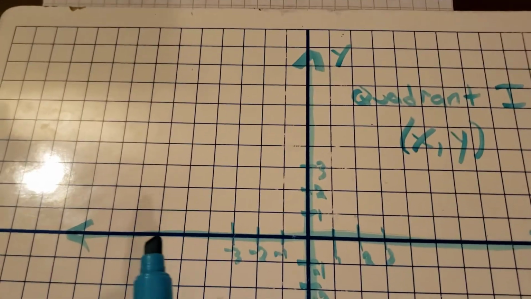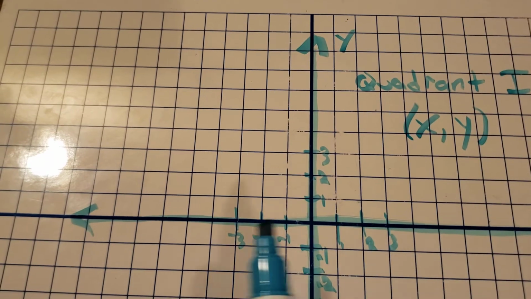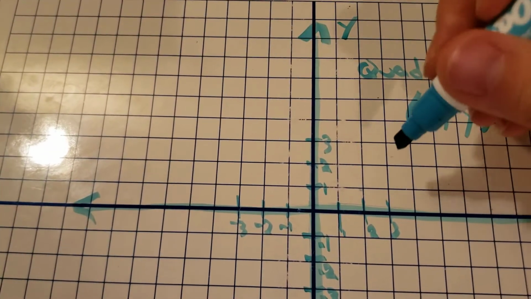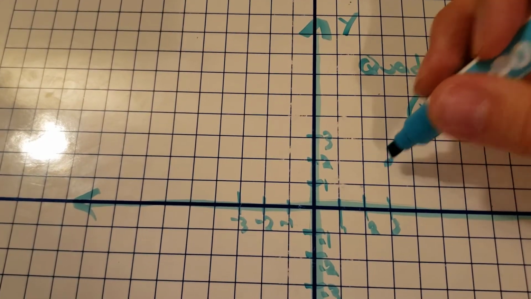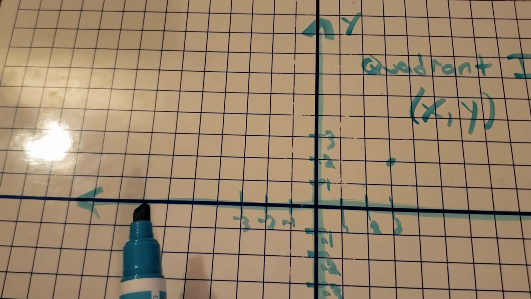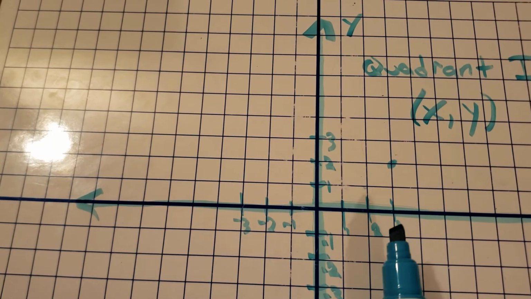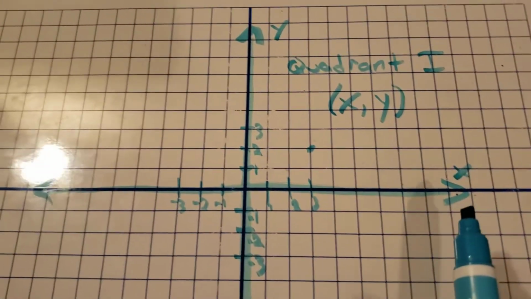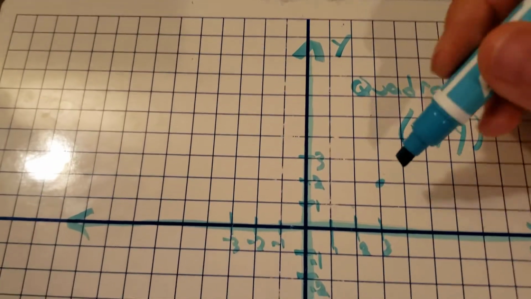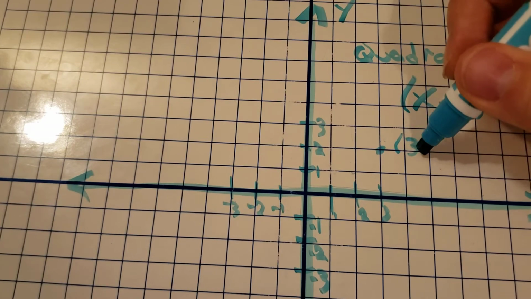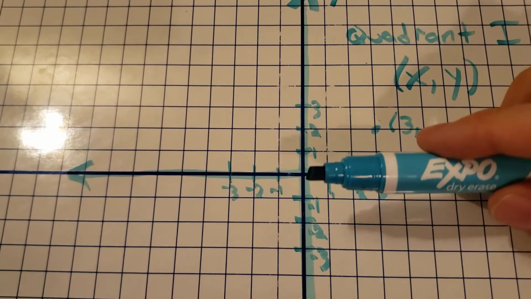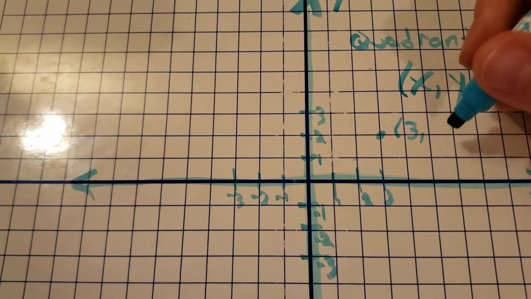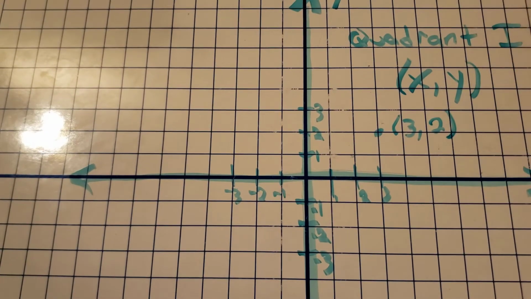So we measure things horizontally first and then vertically. So if we're trying to find this point, for example, well, horizontally, it lines up with our x value at positive 3, comma, our y value is at positive 2. So 3, comma 2 is this value.